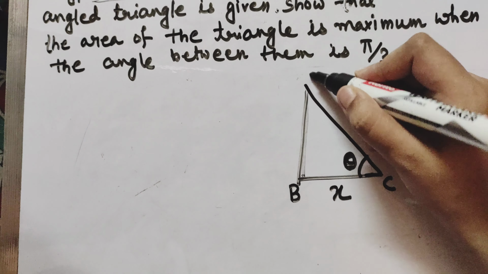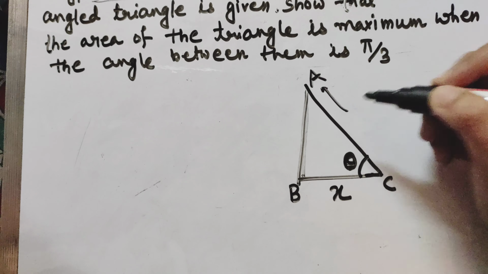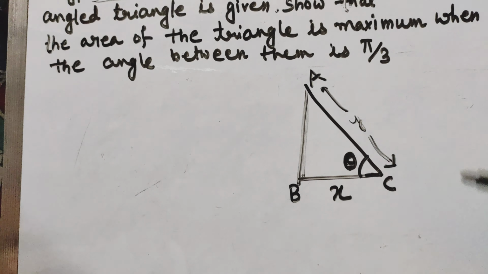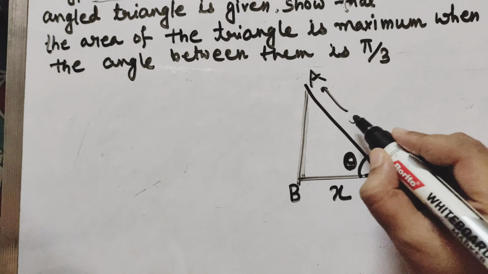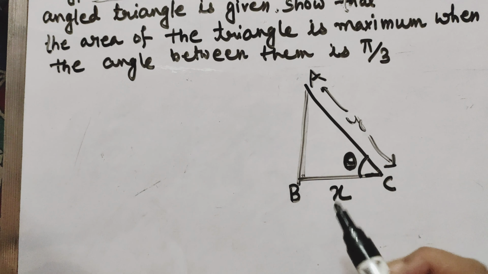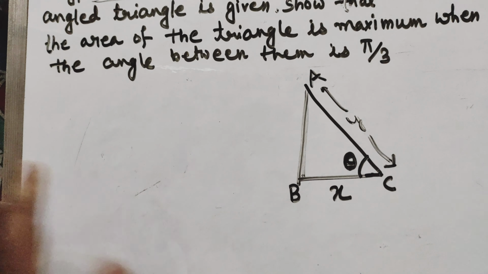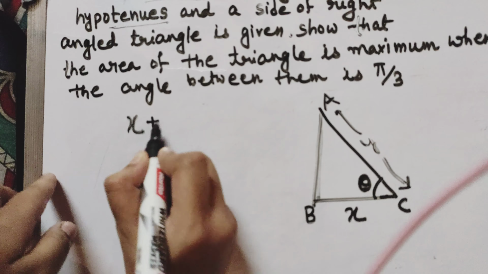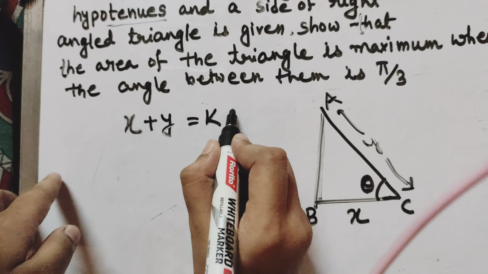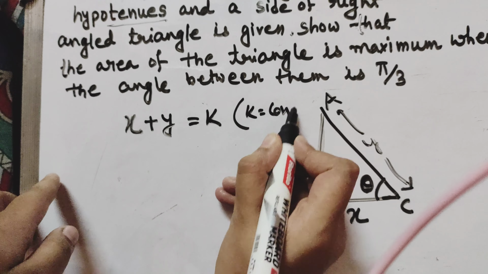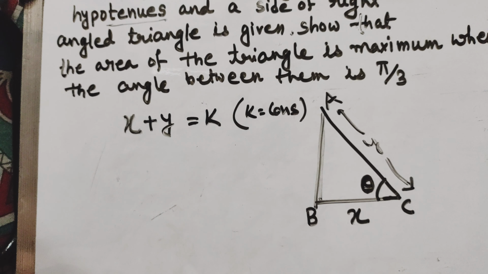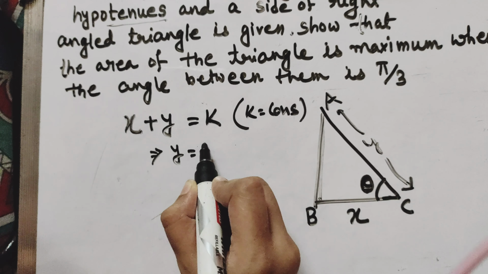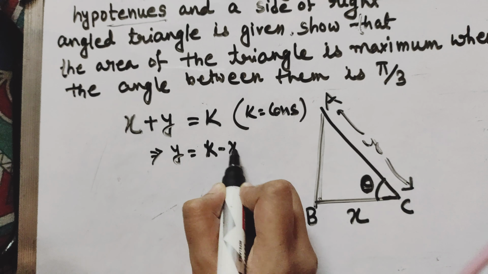And this is A, so AC is the hypotenuse, and we assume the length of AC is y. Now the sum of x and y is given. So let's say that the sum of the lengths x plus y equals k, where k is a constant. From there we obtain y equals k minus x.